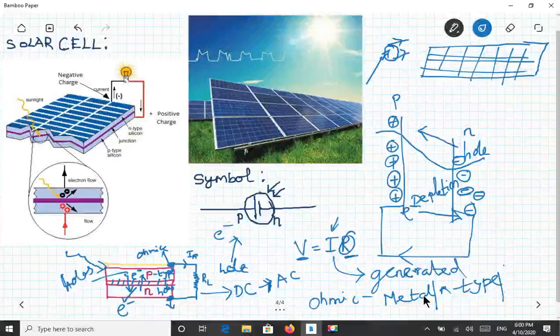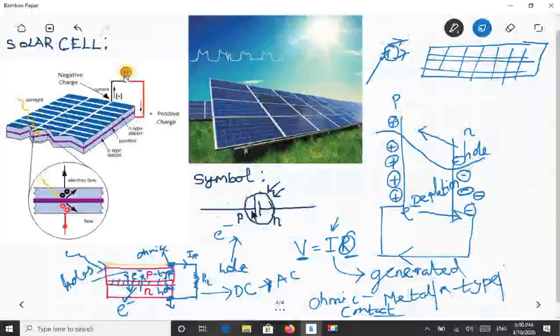So what is the purpose of ohmic contact here? Ohmic contact is not a special thing. There will always be an ohmic contact when there is a semiconductor, because we have to take the electrode out, right? So this semiconductor has been joined with a lead. There will always be a wire out of the semiconductor, which is nothing but an ohmic contact.